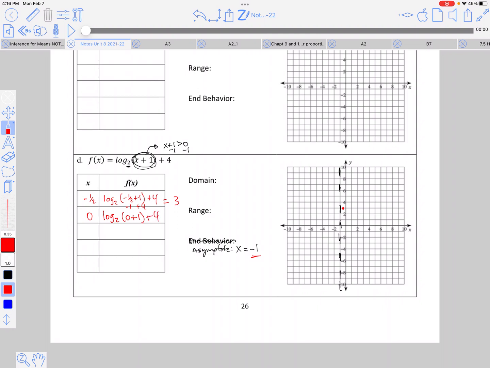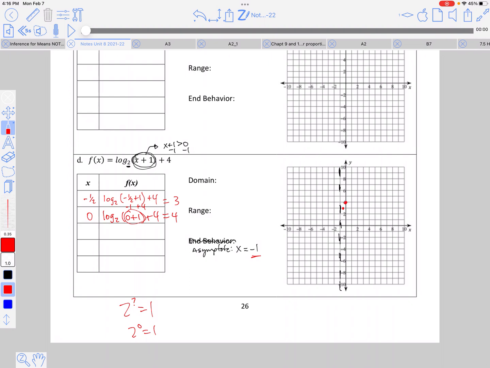How many times do I multiply 2 to get a 1? Well, that's 0. Okay? 2 to the what equals 1. That's 0. Okay? So we have 0 plus 4, which is 4. So now I'm going to go to 0 and 4.